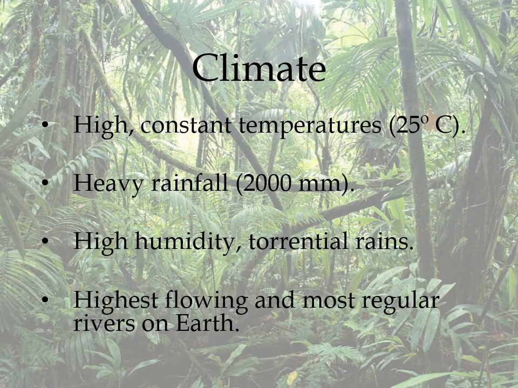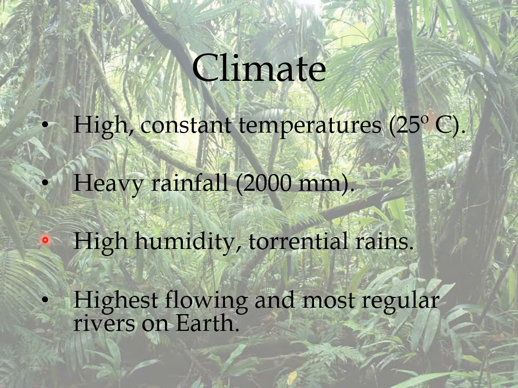So they have high constant temperatures. It's always this hot rainy season, over 25 degrees. They have this heavy rainfall, around 2,000 millimeters all year long. And for that reason, they have a high humidity in the air.